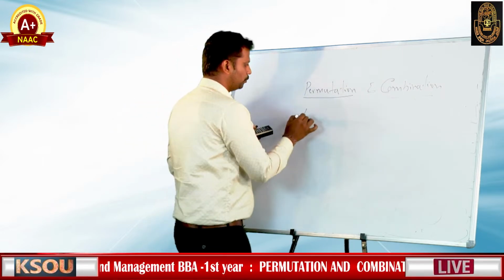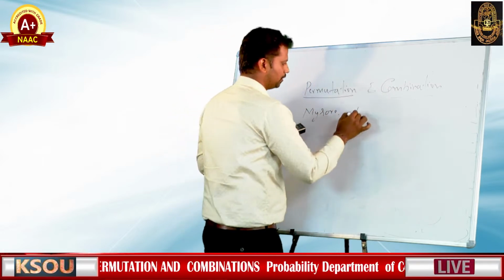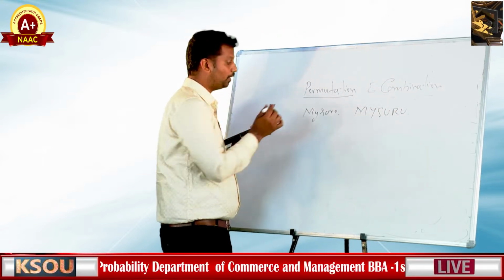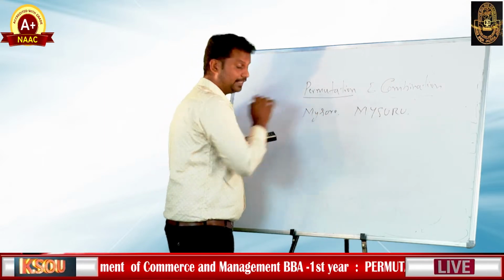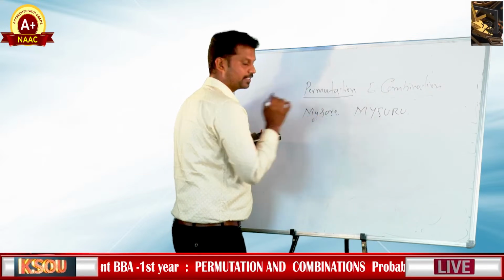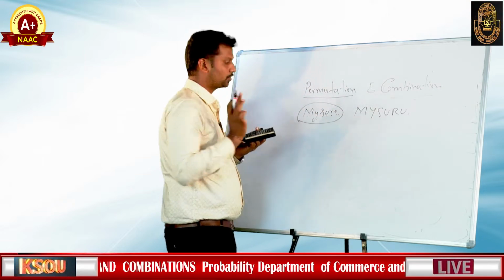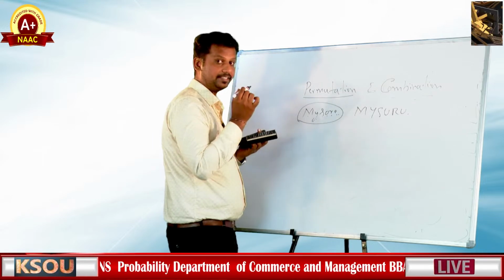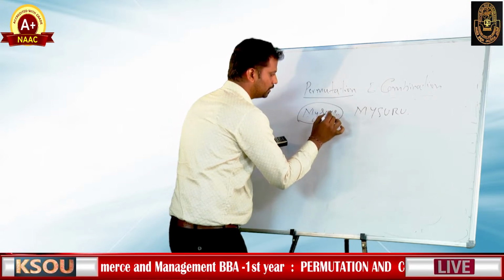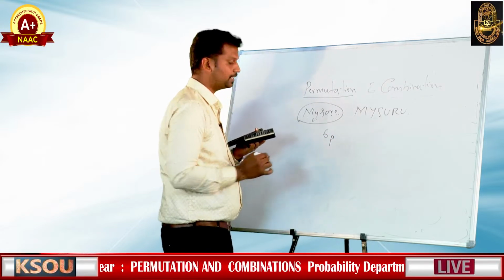For example, Mysuru. How many ways can we arrange these letters? How many letters are there? 1, 2, 3, 4, 5, 6. In this word no single letter is repeated, so the answer is 6 factorial.